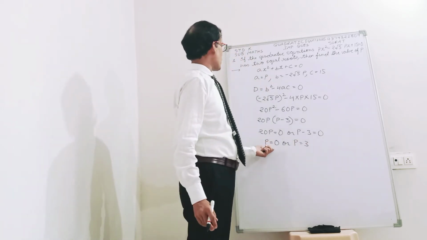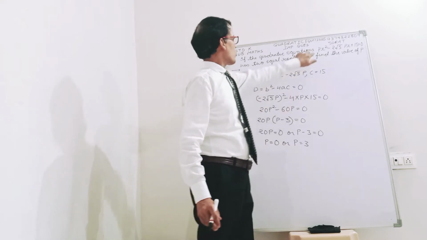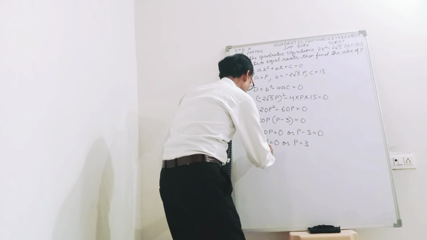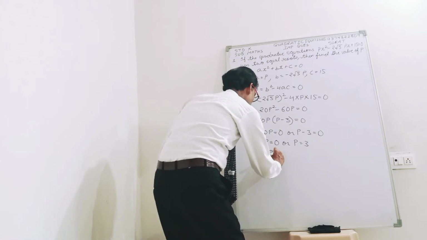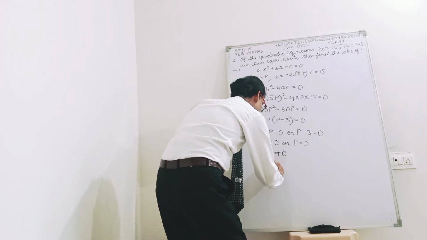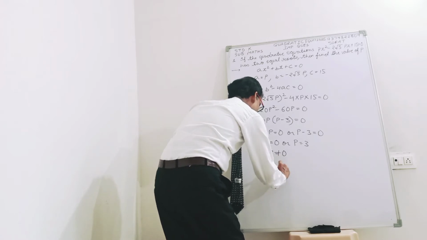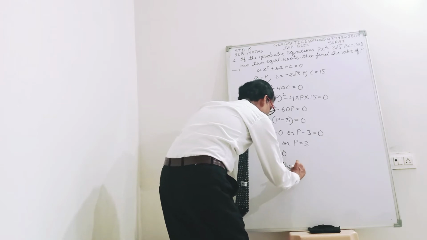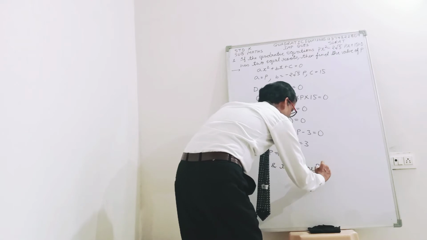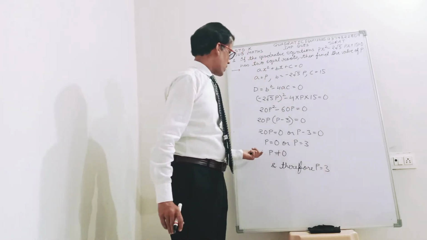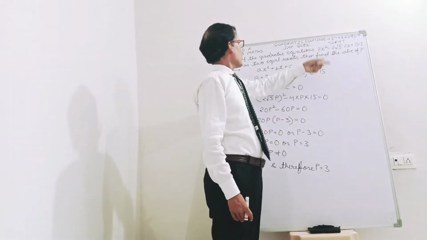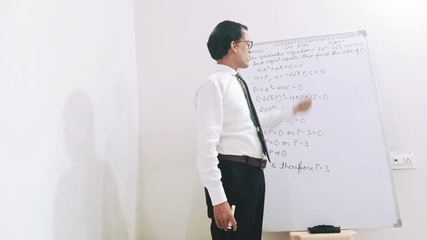But if we take p equal to 0, then this equation will not be a quadratic equation. Therefore, p is not equal to 0, and so p equal to 3. You understand why we can't take p equal to 0? Because if we take p equal to 0, then this equation will not be a quadratic equation.